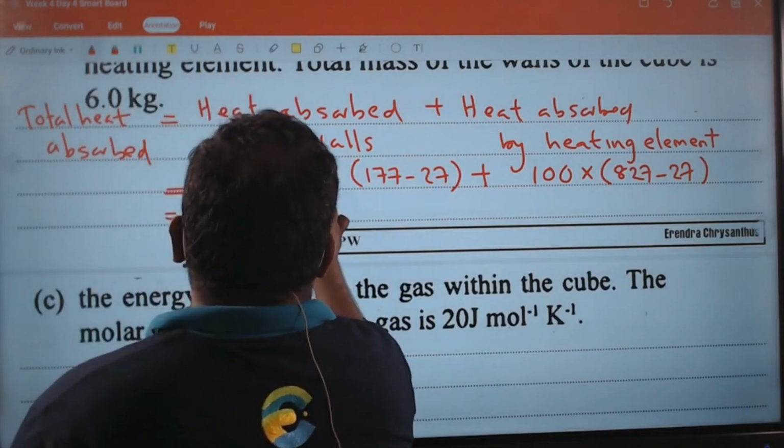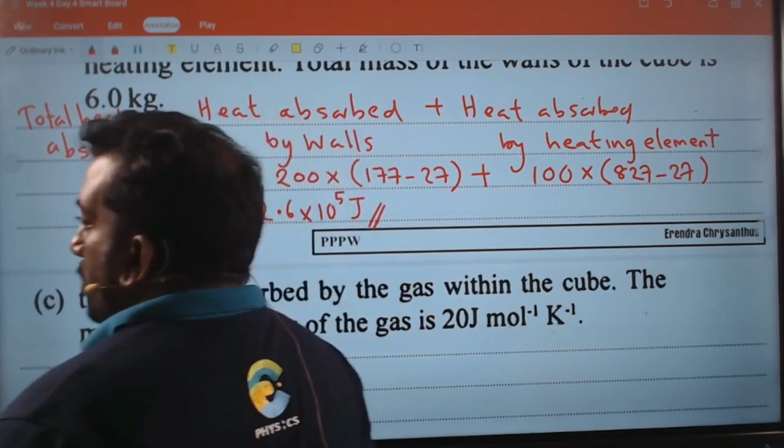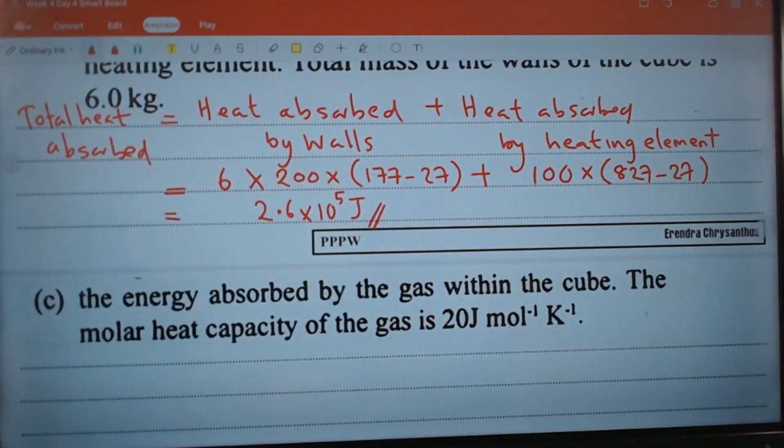Altogether, 2.6 times 10 to the power 5 joules.